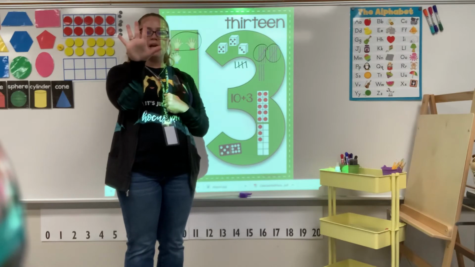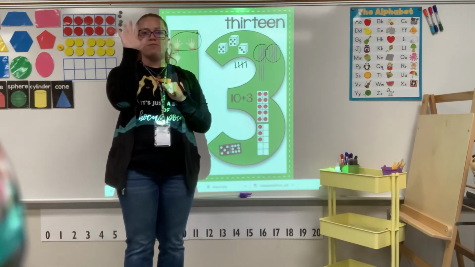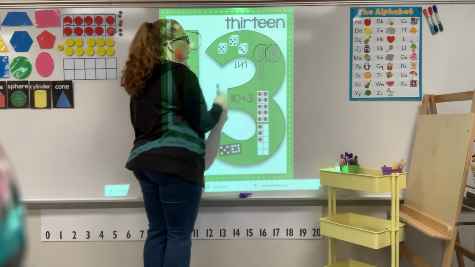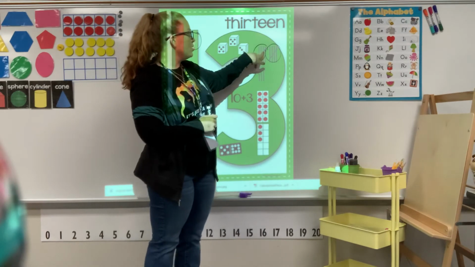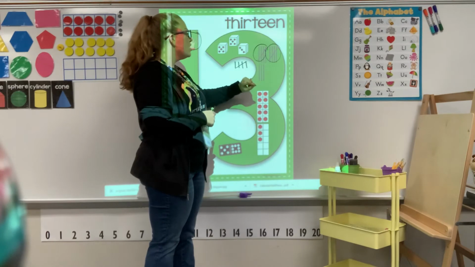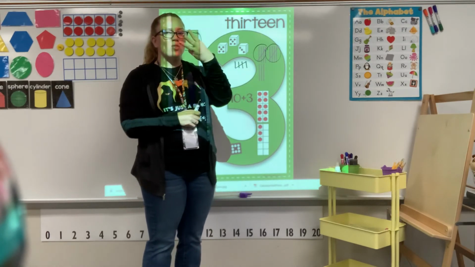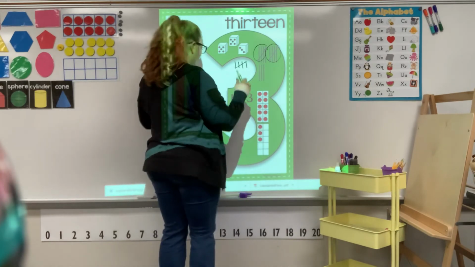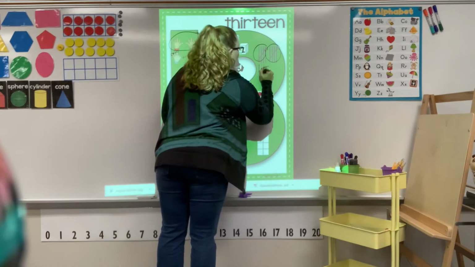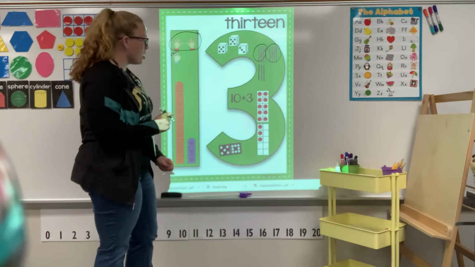So one hand has 5, and the other hand has 5, and if you have 5 and 5, that makes 10. So we know if we have 5 tally marks and 5 tally marks, that's going to make 10. So how much more is 13 than 10? 3 more. So then they have put in their other 3 tally marks. 1, 2, 3. So that makes 13 tally marks.